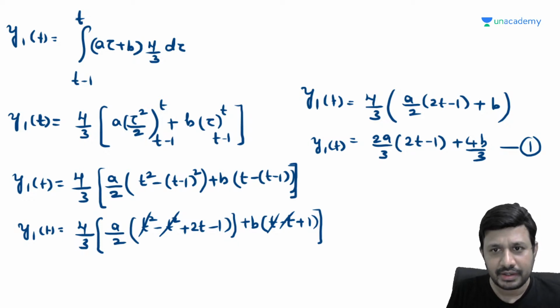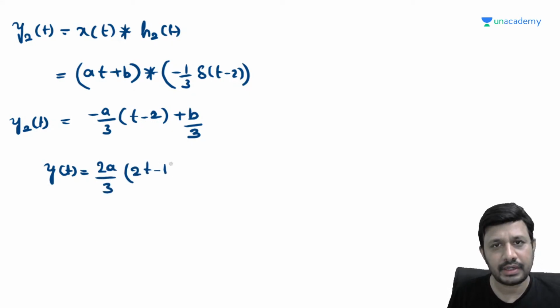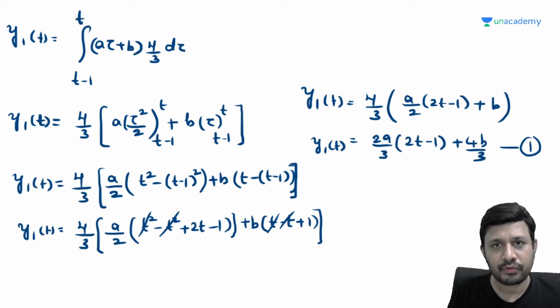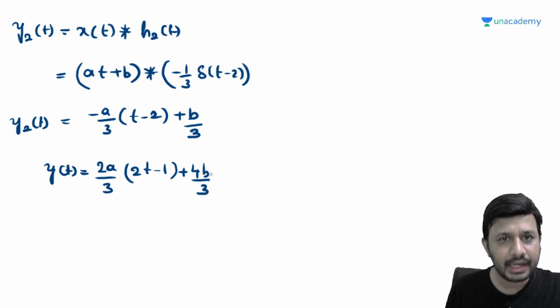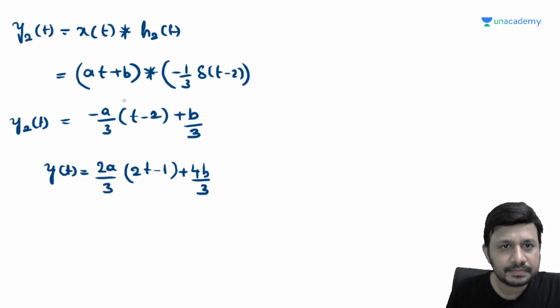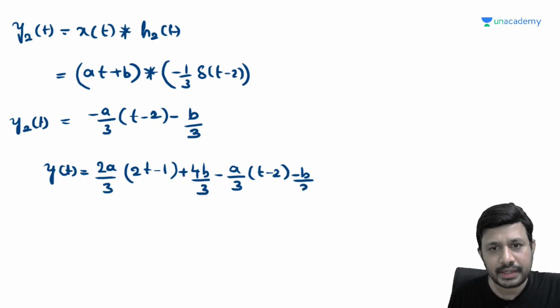What is y1 of t? 2a by 3 into 2t minus 1 plus 4b by 3. Now what will happen here? Minus is there, so when this minus goes inside, this becomes minus a by 3 into t minus 2 minus b by 3.